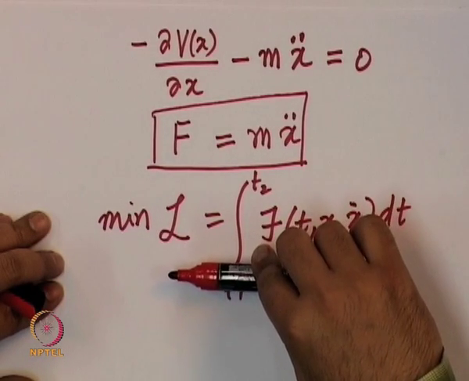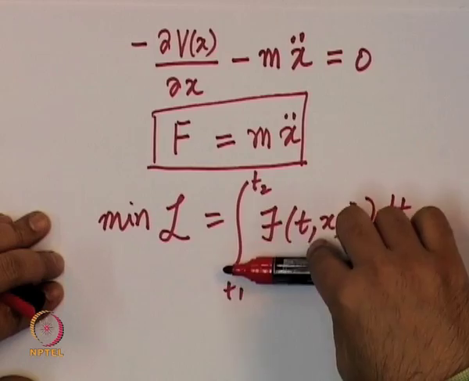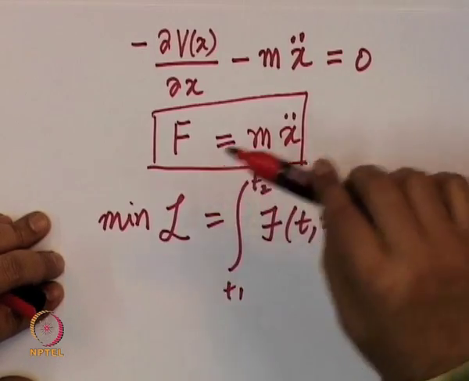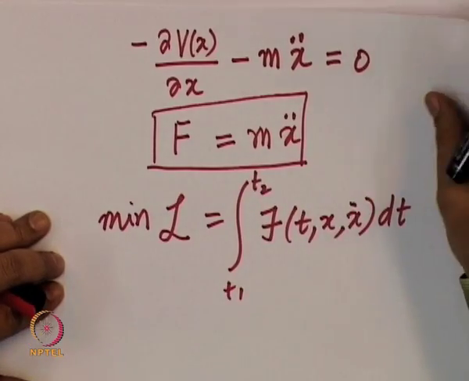So, minimization of action is basically the principle from which you can get Newton's laws. This is a way of looking at classical dynamics. Minimization of the action is basically equivalent to solving Newton's equation.